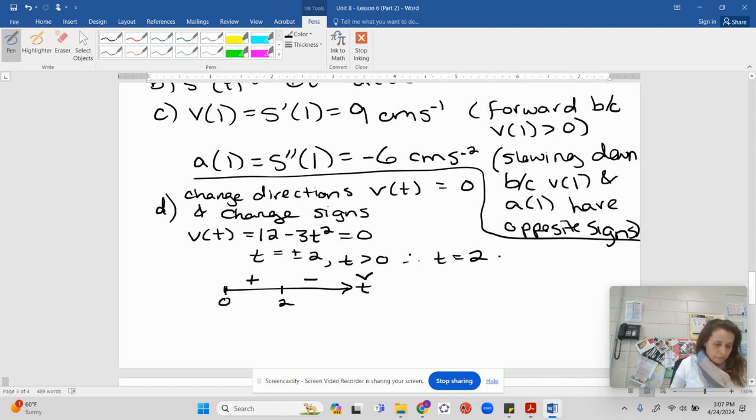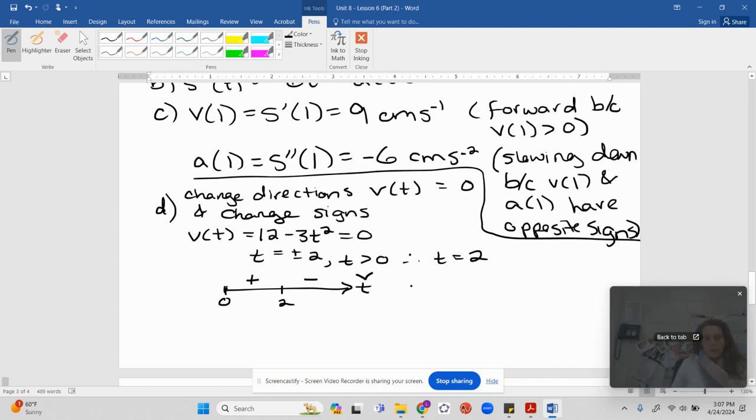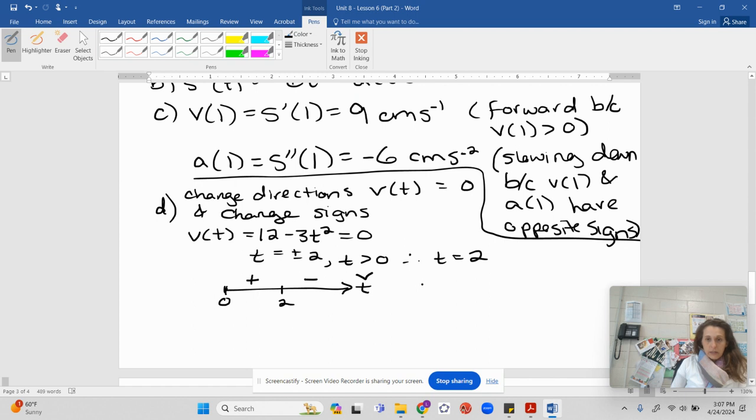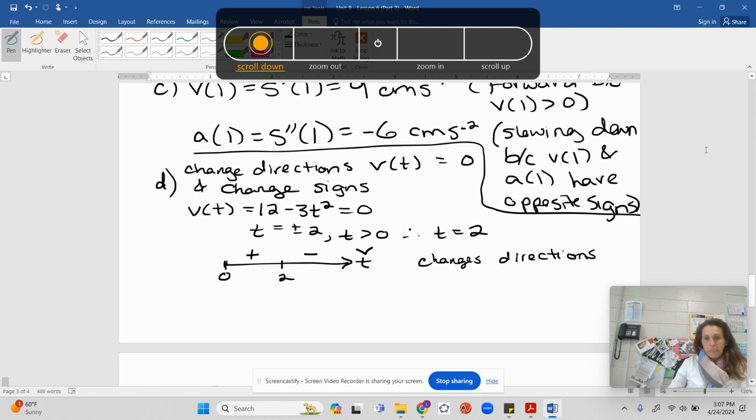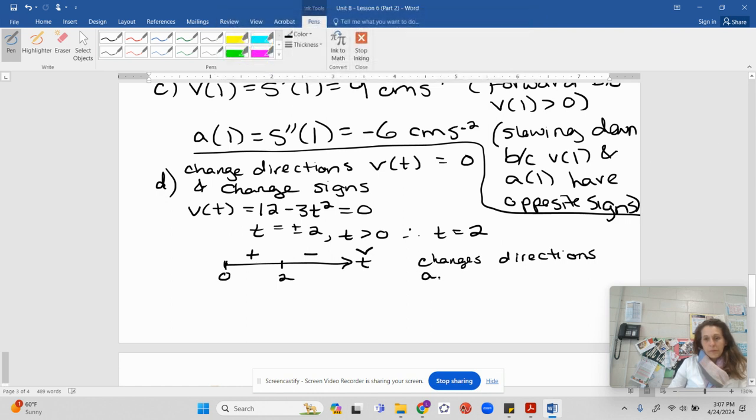The question said, describe the position when this occurs. So I would say that it changes directions after 2 seconds. And where is it when it changes directions?